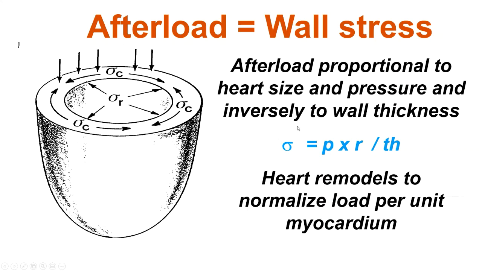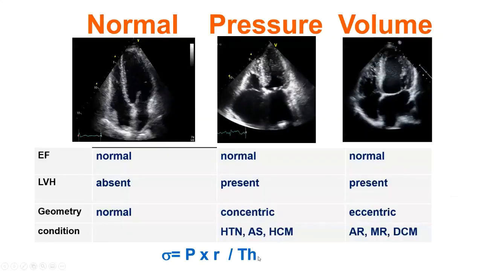So remember this Laplace relationship, not necessarily for the examination, but for clinical practice, to help explain how a ventricle in somebody with severe untreated hypertension can still have a normal ejection fraction despite an impressive increase in systolic pressure. The heart remodels to normalize the load per unit myocardium.